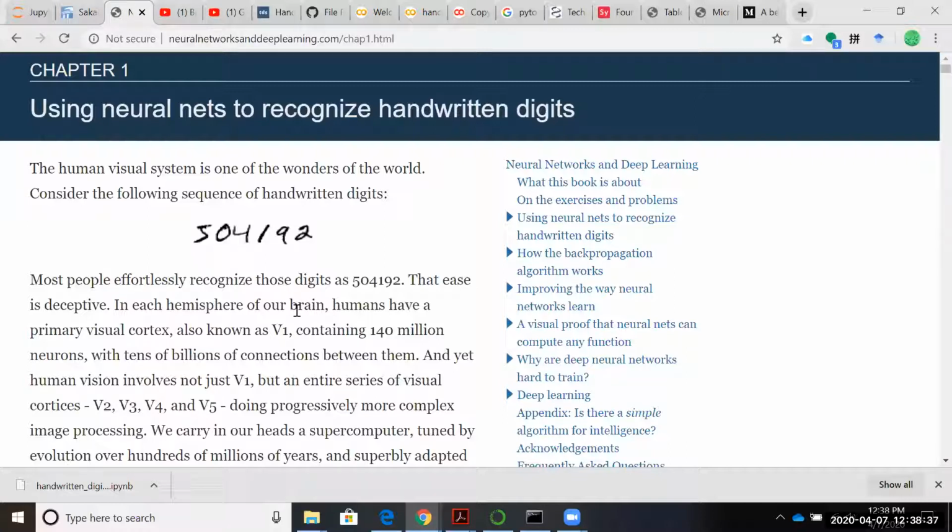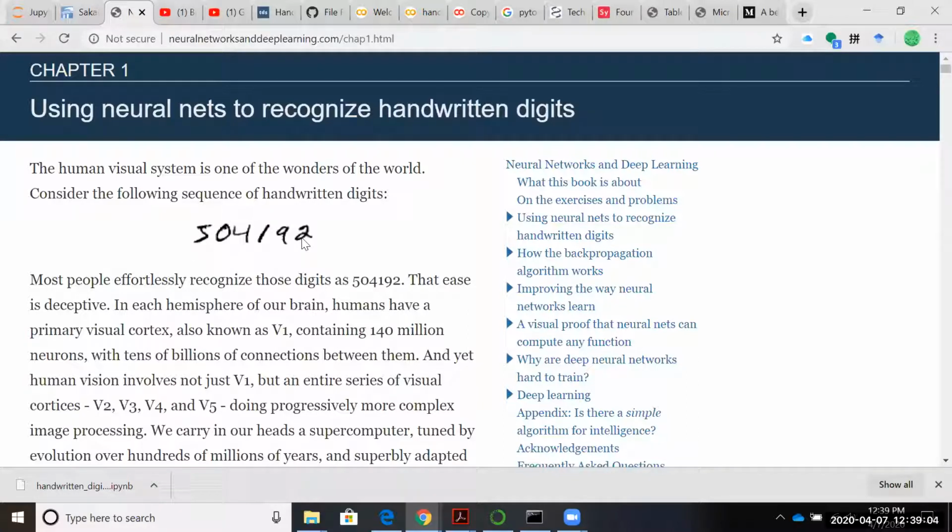In fact, it also started with this handwritten recognition as an example. Our human visual system is actually very complex. When we look at this string of digits, we are able to identify this is 504192, and most of us can do this easily, right?